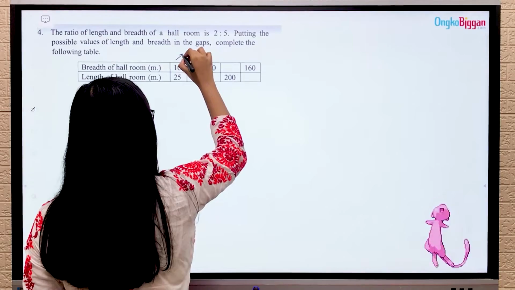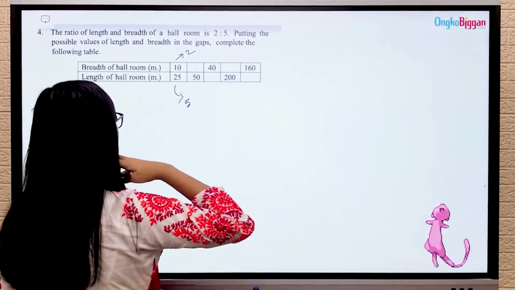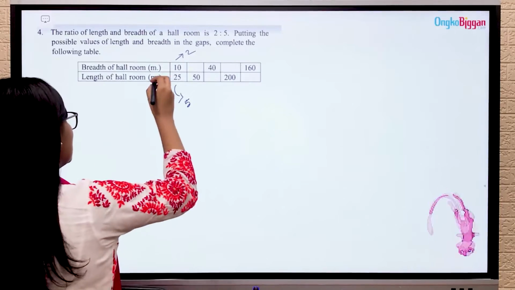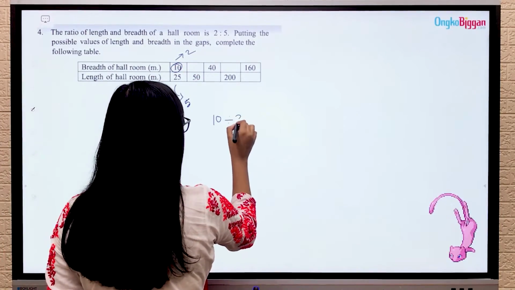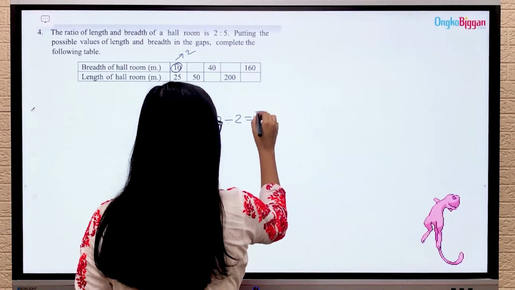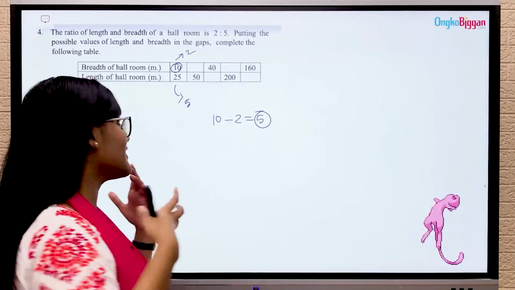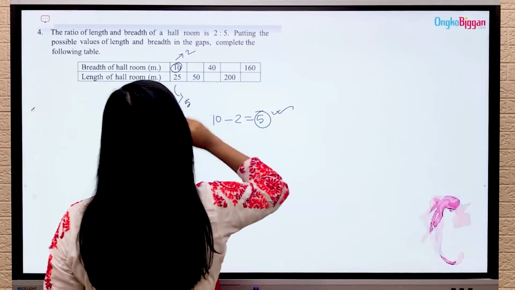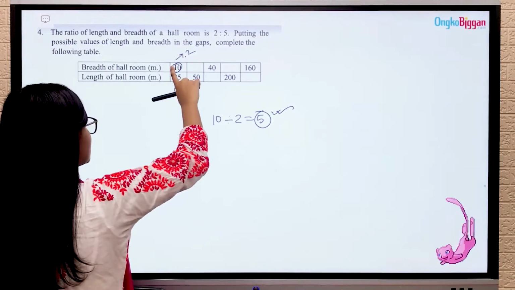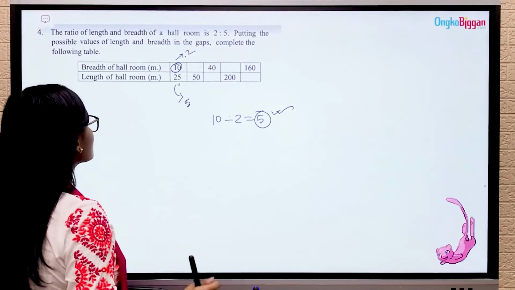That means if it is 2 times, it will be 5 times. So if we divide 10 by 2, that means 5. That means the primary digit upon which the ratio is determined is 5. So 5 into 2 we get 10, and 5 into 5 we get 25.